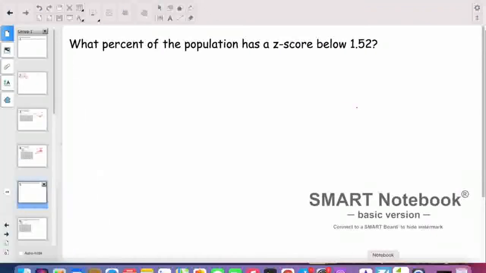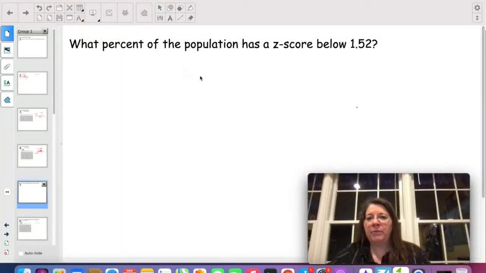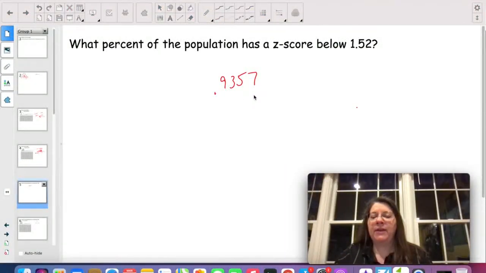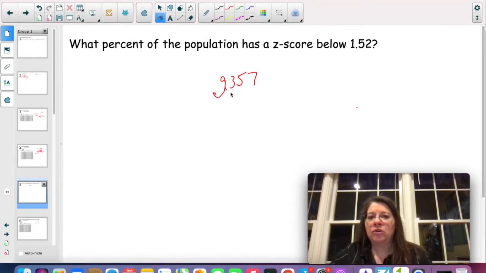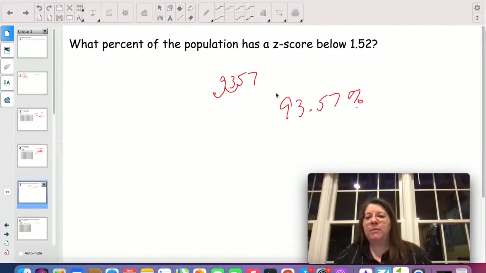So if I go back in, 1.52 would represent a 0.9357. And if I convert that to a percentage, I move the decimal twice, and that gives me 93.57% of the data lies below 1.52. If they had asked me how much is above 1.52, I would just subtract this number from 100.